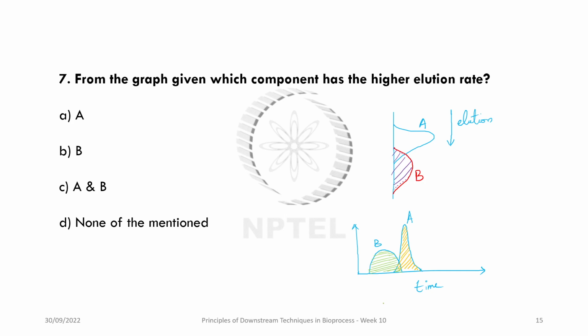Which is getting eluted at a higher rate? Okay, let's say in this time frame.